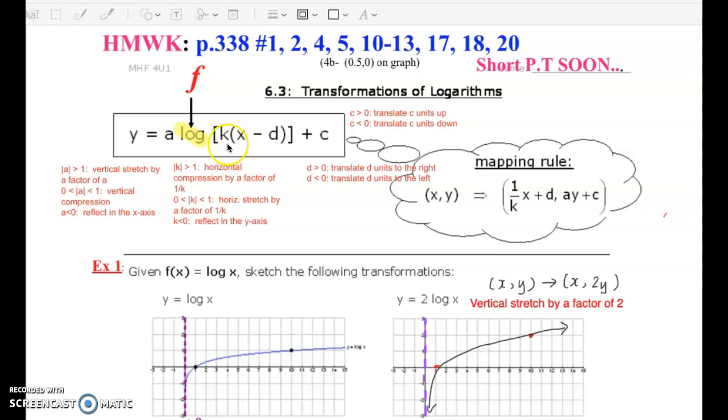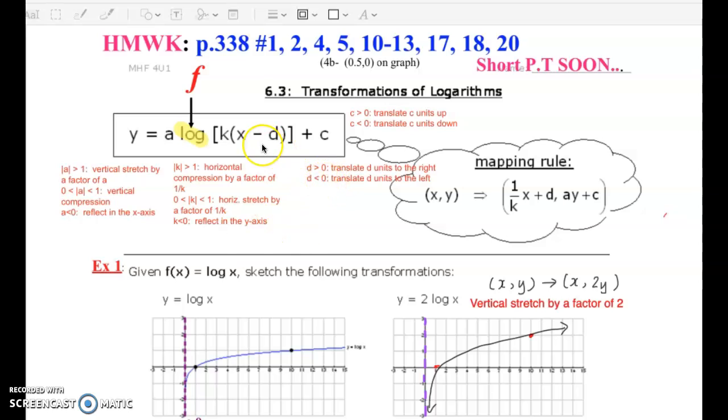So for example, if k in your equation is 1 over 4, then 1 over k is now 4. So that means every single point will be 4 times as far away from the y-axis now. And if k is less than 0, you reflect the graph in the y-axis. So it's a left-right reflection.